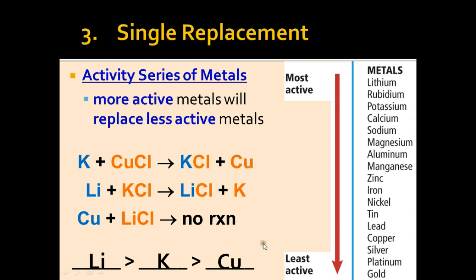So this is actually true, and you can get this trend from looking at three equations and seeing how the metals react. If it kicks out, it's more reactive. But if it can't be kicked out, that means the bonded metal is more reactive.